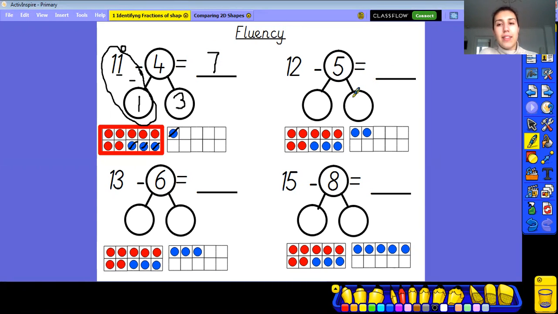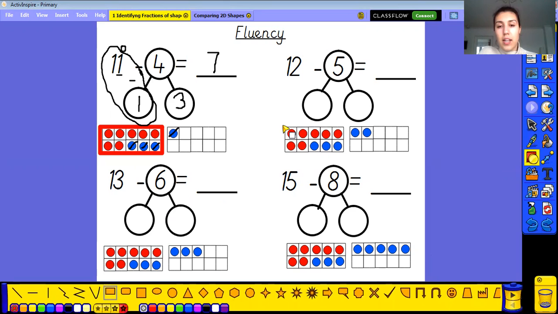Let's have a look at this one then, and then I'll leave you to have a go at the next 2 by yourself. So 12 take away 5. Well, I am going to subtract 5, but I'm going to subtract it in 2 parts because I need to subtract a certain number away from 12 to leave me with just the 10. So you can see here, this is my full 10.